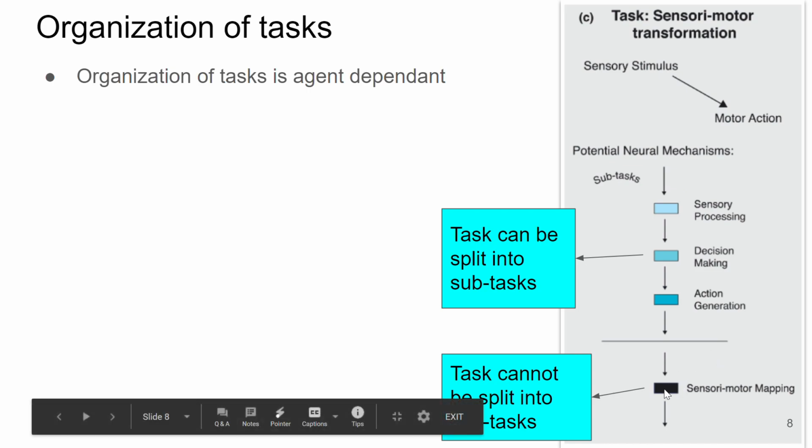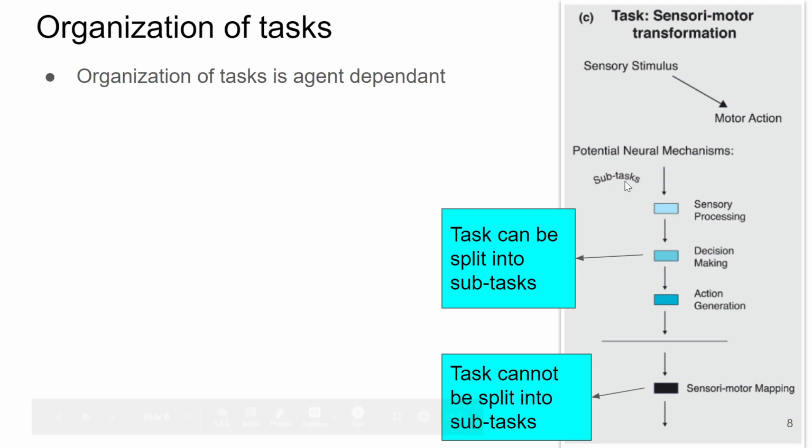So in this case, where you have just one layer, they say that the task cannot be split into subtasks. But if the agent is solving it the other way, by their definition of task, it can be split into subtasks where sensory processing, decision making, and action generation can be seen as various subtasks.